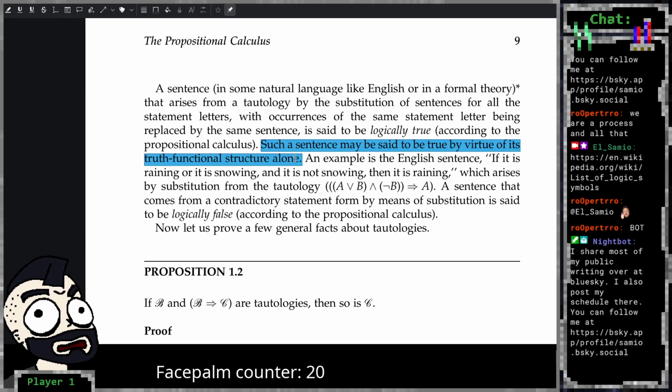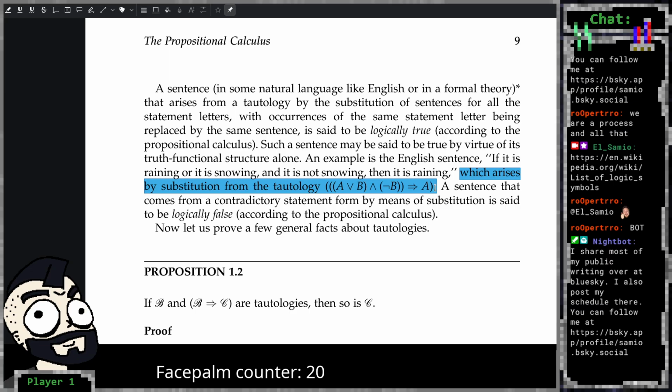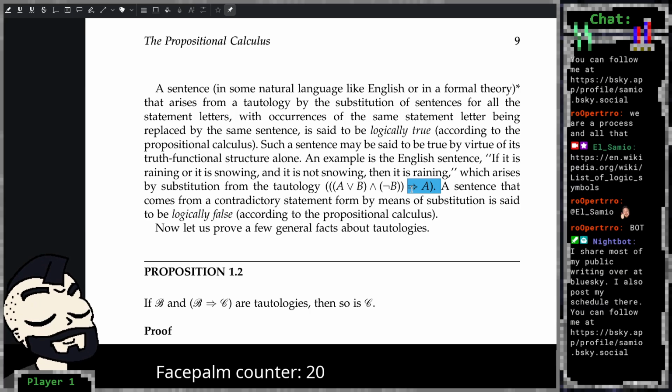An example is the English sentence: if it is raining or it is snowing, and it is not snowing, then it is raining. That is the excluded third, which arises by substitution from the tautology A or B and not B. So either burgers or pizza, but guess what? We're out of pizza. So you have to eat burgers.